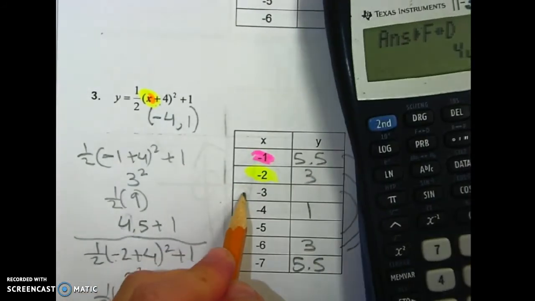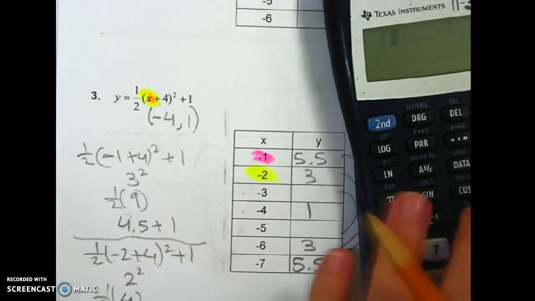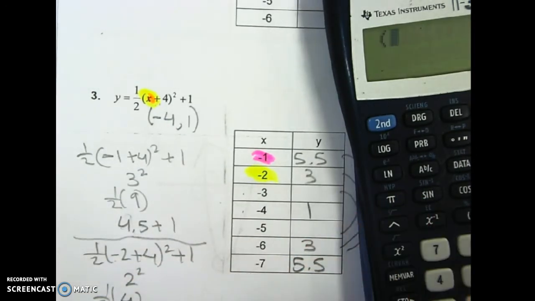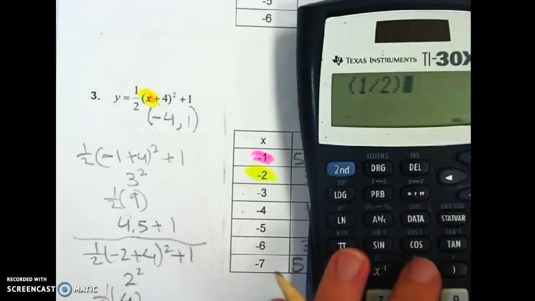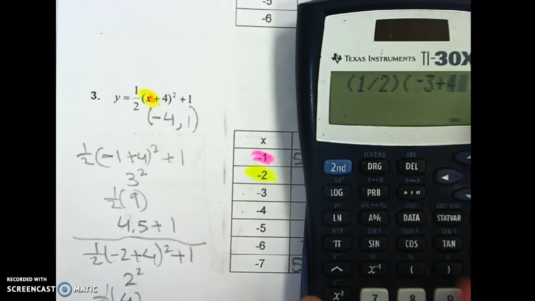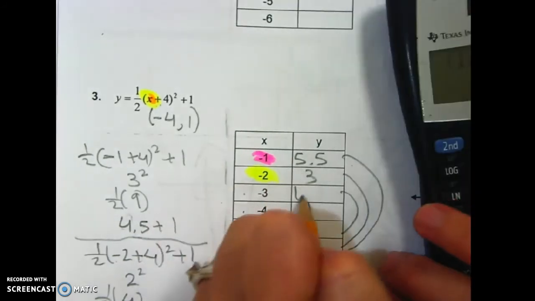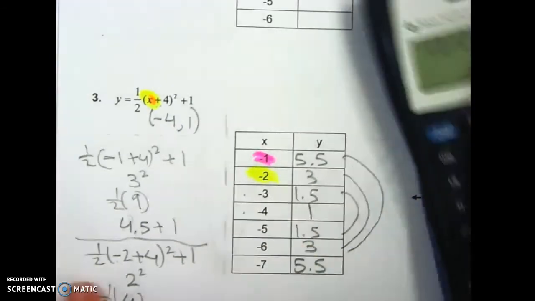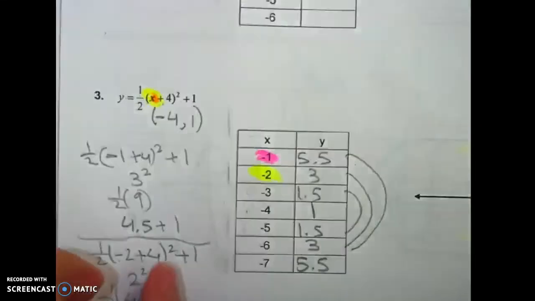And now you can just pick up your calculator. If you're going to use your calculator, you've got to do parentheses 1 divided by 2, and then parentheses -3 plus 4 squared plus 1. And it tells you 1.5. Now you're going to come over here and graph it.